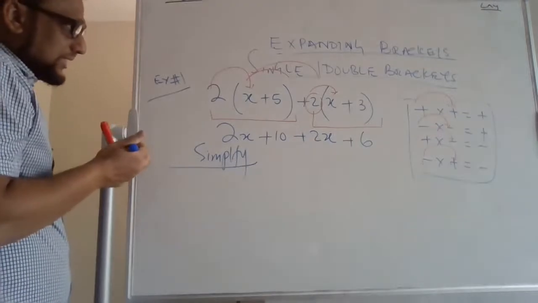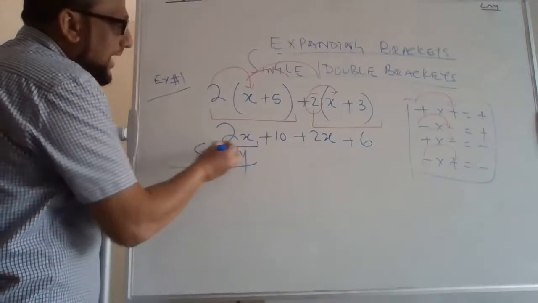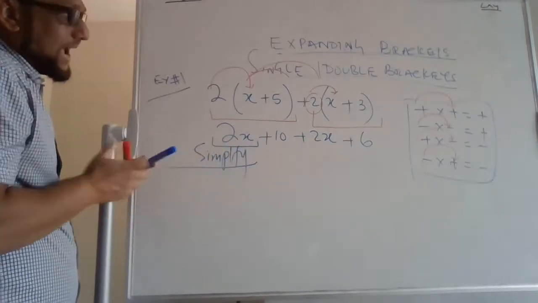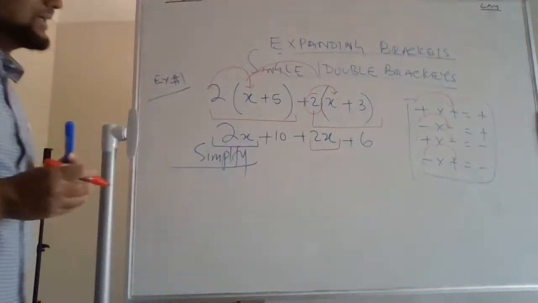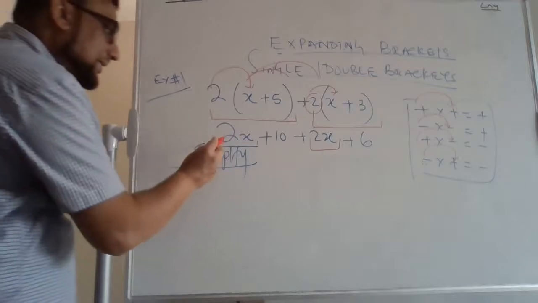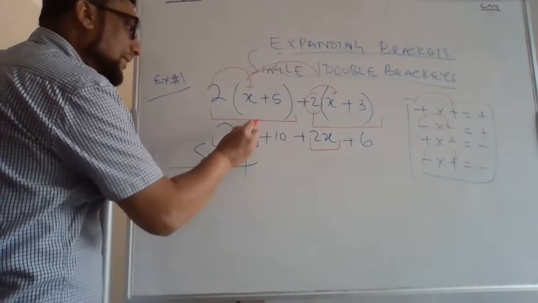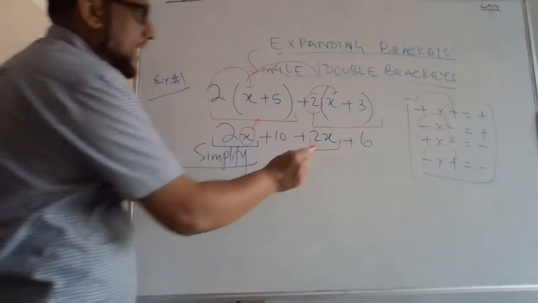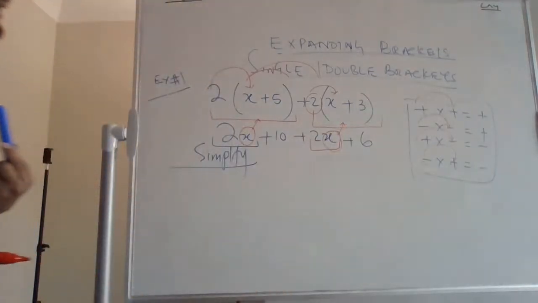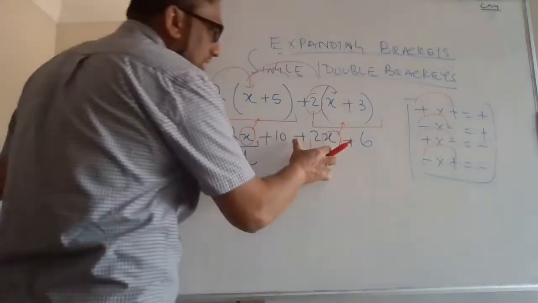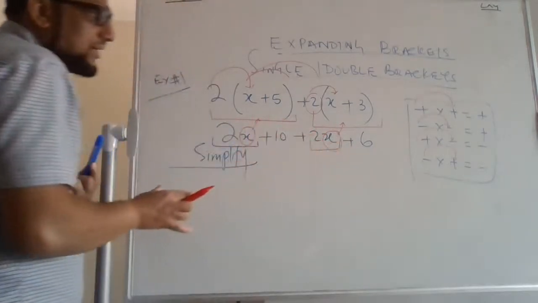We need to check 2x and 2x. They are like terms. Like term means this 2 has the x variable and this 2 also has the x variable, so these are the same variable.